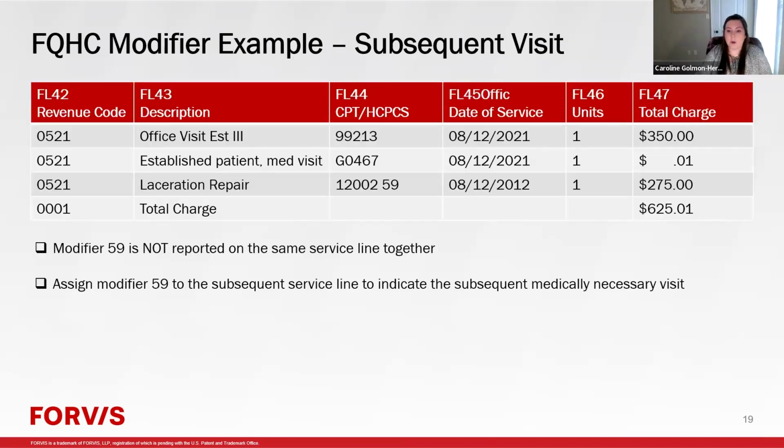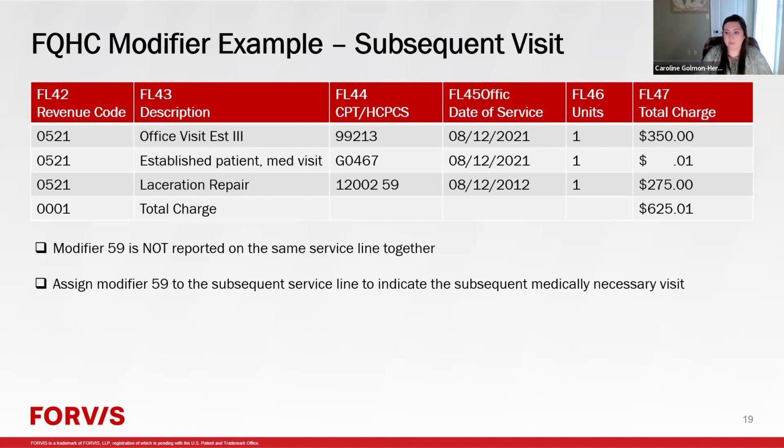So just as an example of modifier 59 and what that would look like on a claim. Again, modifier 59 should only be used when reporting unrelated services that occurred at separate times during the day. For claims subject to the FQHC PPS, modifier 59 is only valid with the payment code, one of those G codes, G0467 in this case.